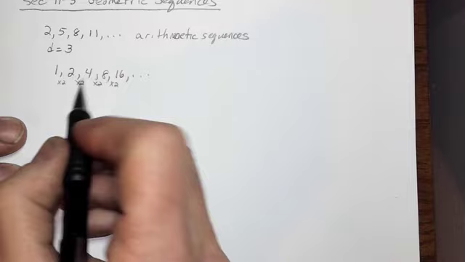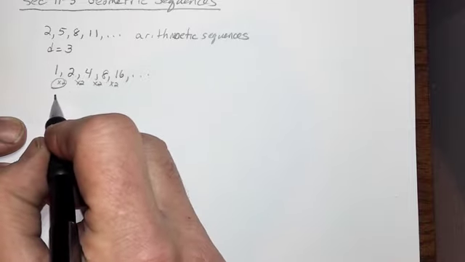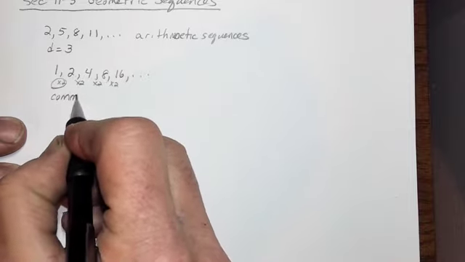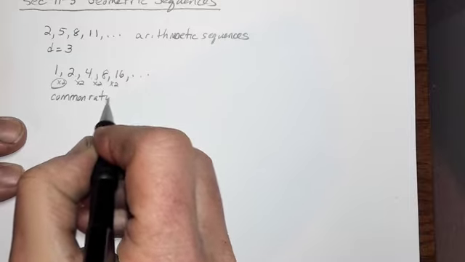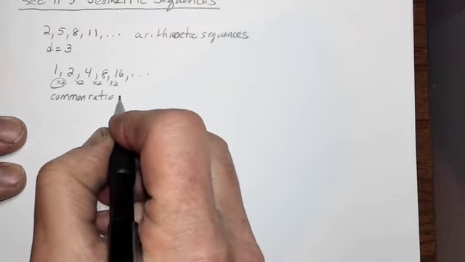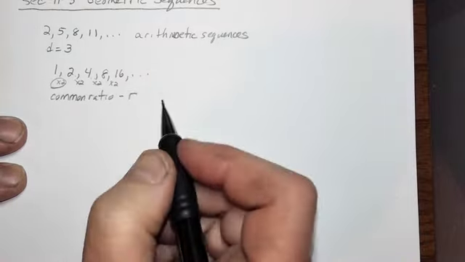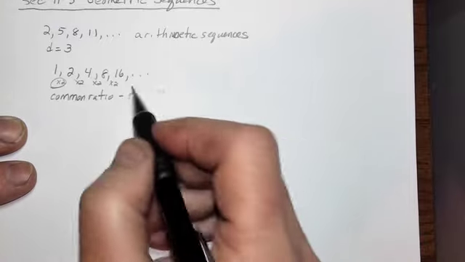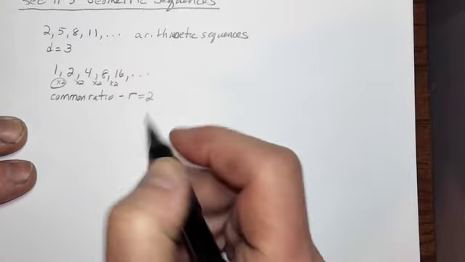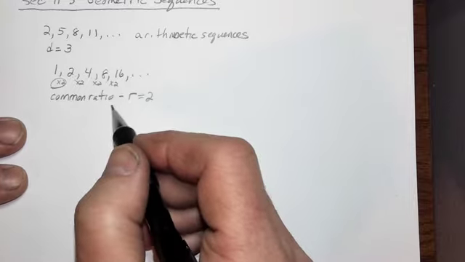That thing that we multiply by is what's called a common ratio, and it's signified by the letter R. So R is equal to 2 in this case.